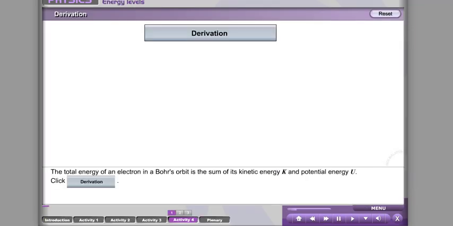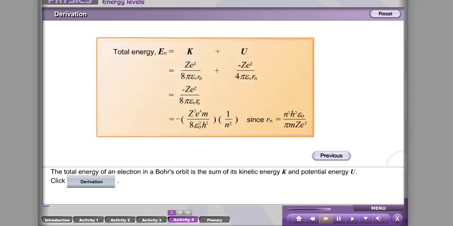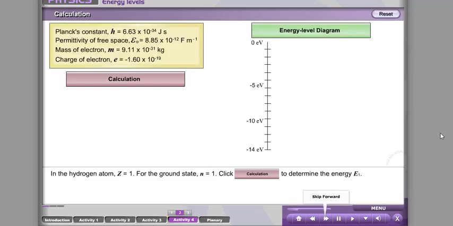The total energy of an electron in a Bohr's orbit is the sum of its kinetic energy K and potential energy U. Click the derivation button. In the hydrogen atom, Z equals 1. For the ground state, n equals 1.